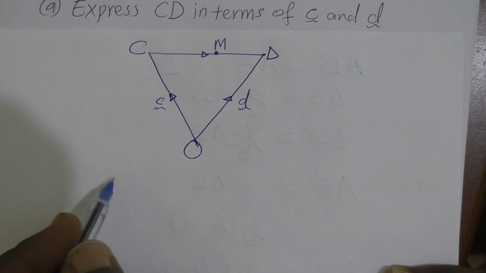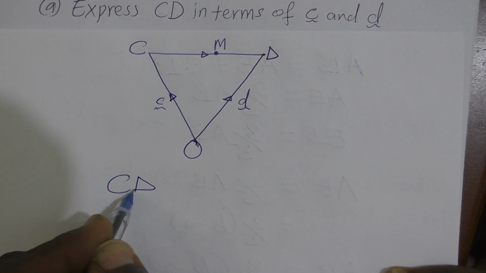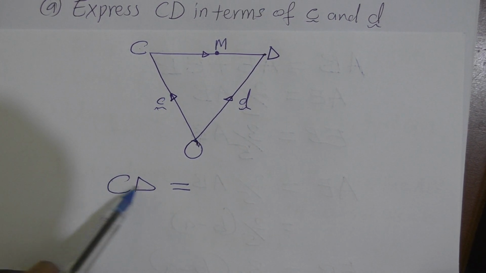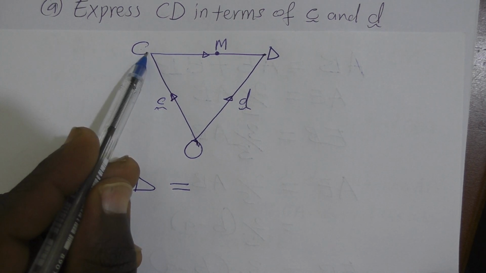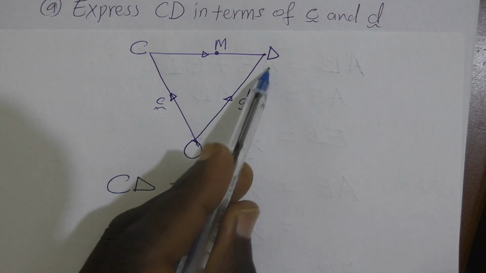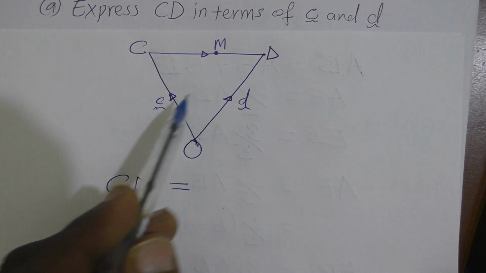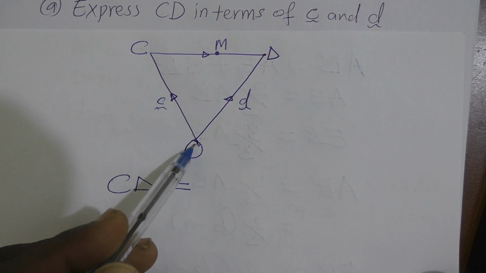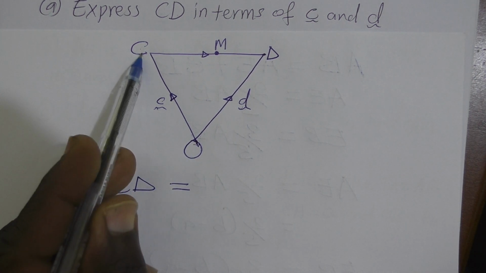Now CD is gotten by moving, because CD means that we are at C and we want to move to D. So we shall come back to O, the origin, because we should always come from the origin when we are going to another destination.